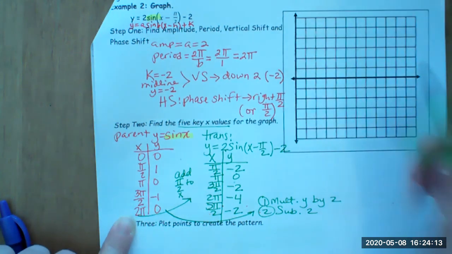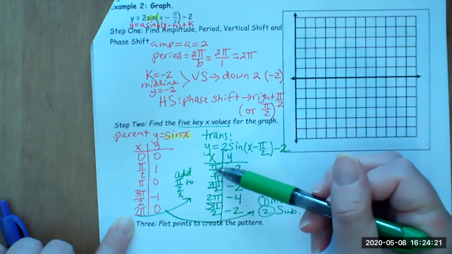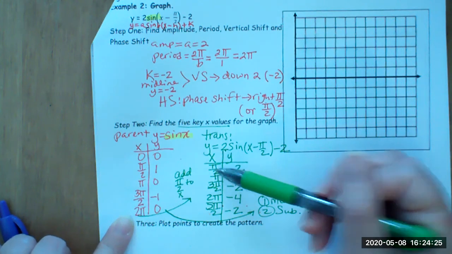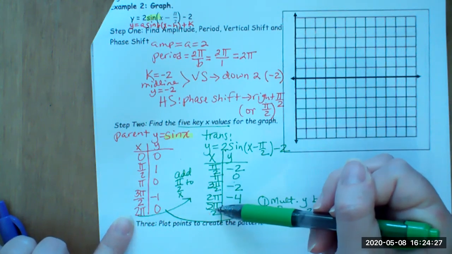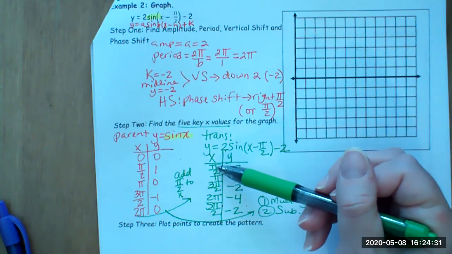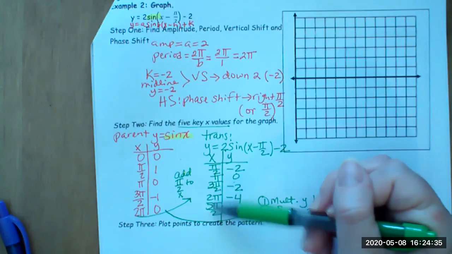All right, so what we're going to do here is we're going to graph this, and first thing I want you to notice here is even though we're starting at pi over 2, the period is still 2 pi. Remember, we didn't change the period from the parent, because if you add 2 pi and you add another half of pi, you get to 2.5 pi, which is 5 pi over 2.